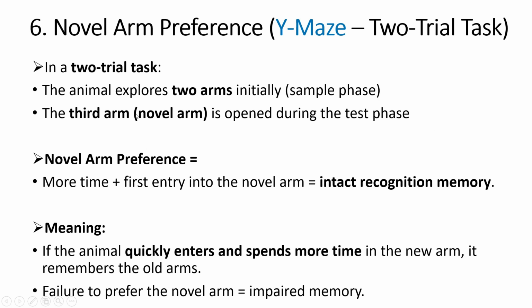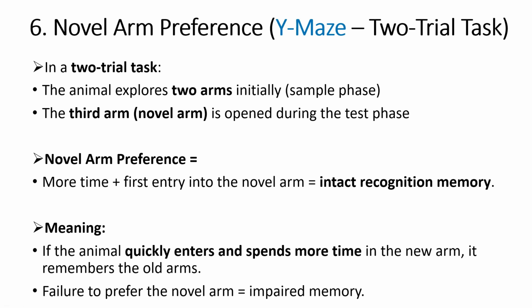So first you have to run the trial closing one arm. Novel arm preference, meaning more time plus first entry into the novel arm, equals intact recognition memory. If animals quickly enter and spend more time in the new arm, they remember the old arms. Failure to prefer the novel arm means impaired memory.